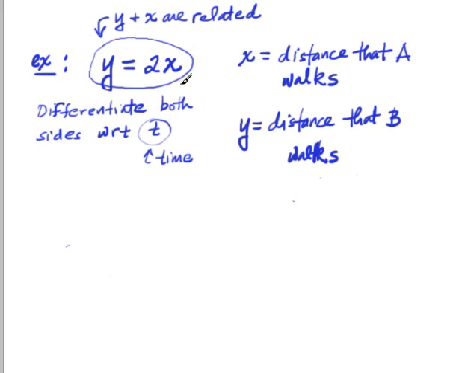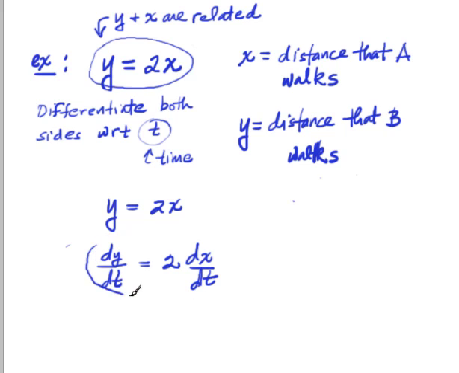We can still differentiate both sides with respect to t. The derivative of y with respect to t is dy/dt, and then we have 2 times the derivative of x with respect to t, which is dx/dt.